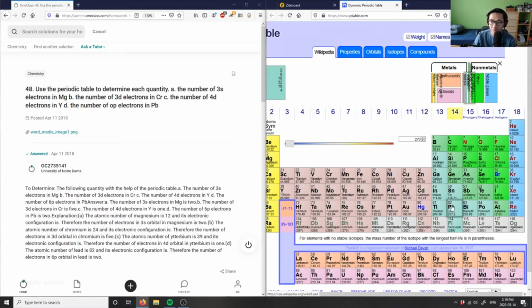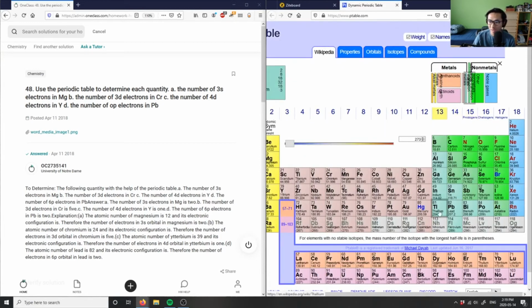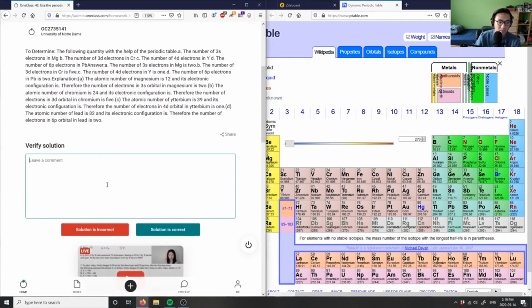So 6p1, this here is 6p2, so therefore I have 2 6p electrons, right? Pb has everything before, and then it will have 6p2, which means I have 2 electrons in 6p. Thallium is 6p1, lead would be 6p2 here. So the solution here is correct, or partly correct.